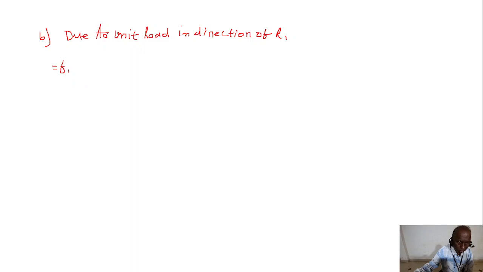So this is, you will write down F11. So what does F11 mean? The displacement at 1 due to unit load at 1.